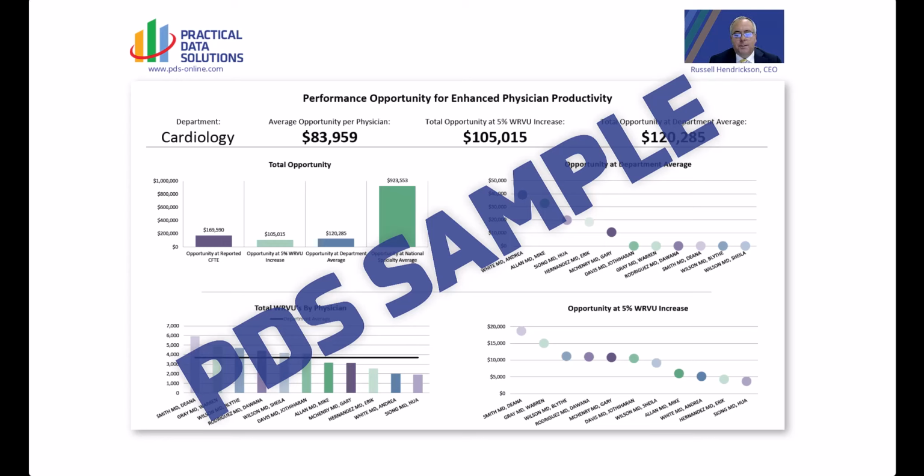By talking about performance, if we can get people to move just a little bit forward, we could calculate the impact of that 5% by RVUs, and then ultimately associate it to the payment per RVU and the associated revenue. Again, it's theoretical, but you'll see that right at the top of this dashboard, where you see $105,015.